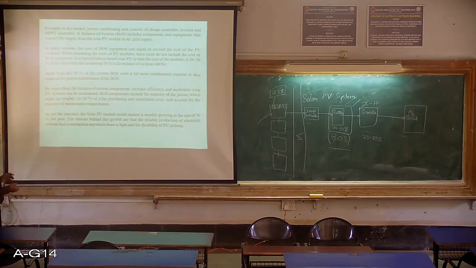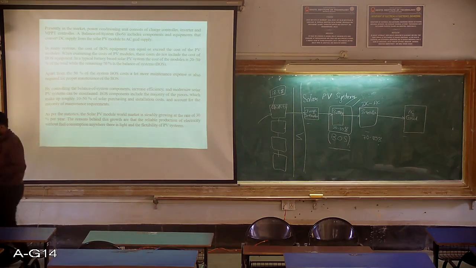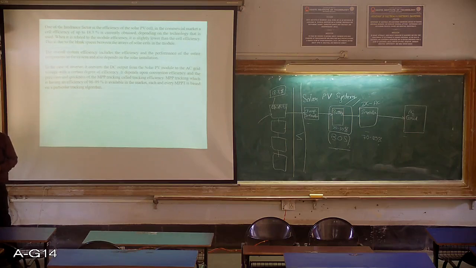And then how the solar market worldwide is increasing, with 30% growth. And then we have discussed that the efficiency of the cell at present is 18.3, so why we should not consider the 18.3 whenever it comes to the entire system. And the overall system efficiency, how it will vary, and what all we should consider.